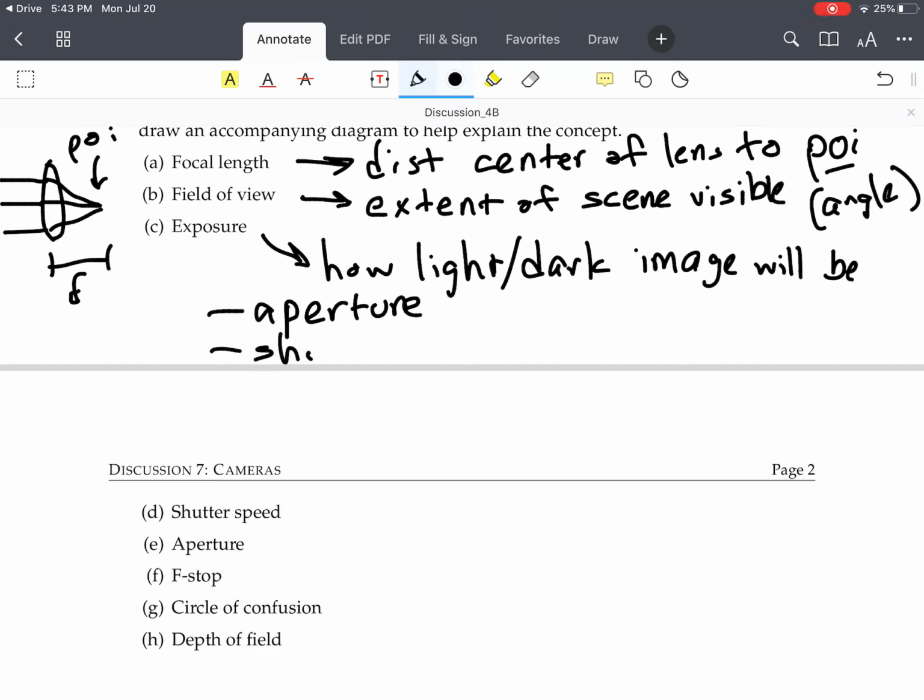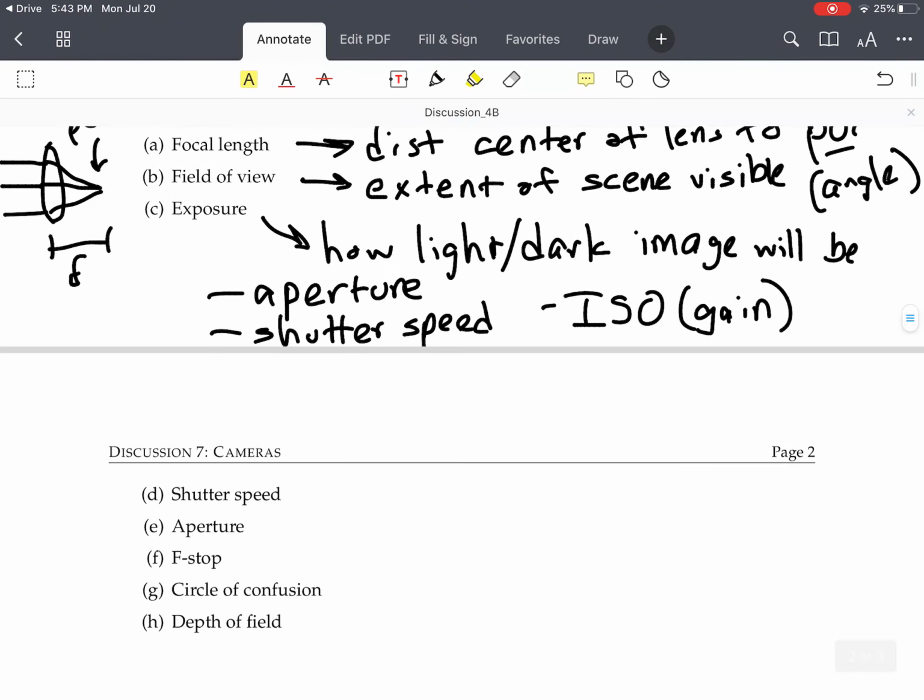The next is shutter speed, which we will also talk about in just a second. And then the third one is the ISO, or gain, which is just a property which helps determine how much light is coming into the camera. So exposure determines how light and dark an image will be, and it depends on 3 things: the aperture, shutter speed, and the ISO, also called the gain.